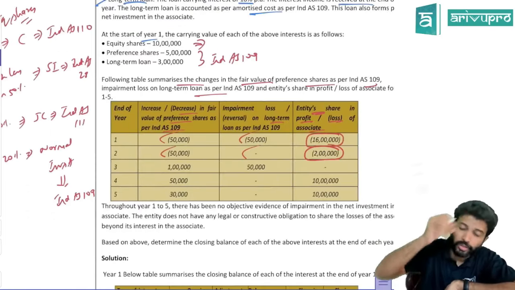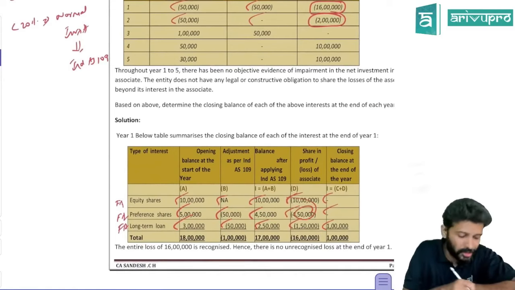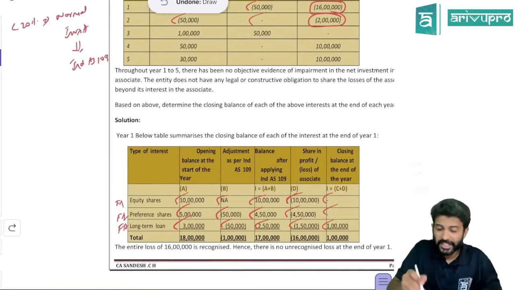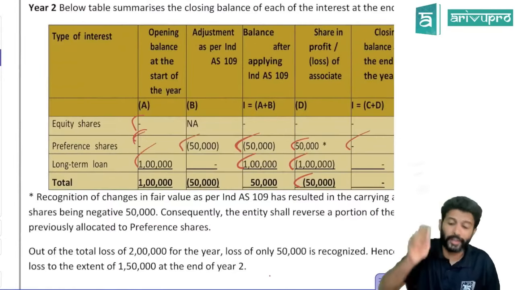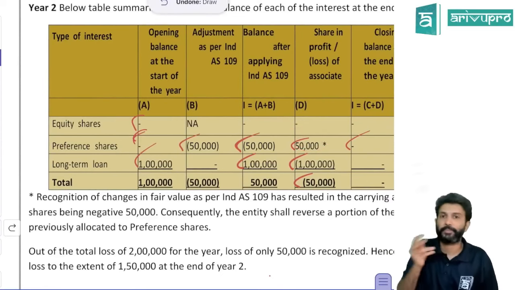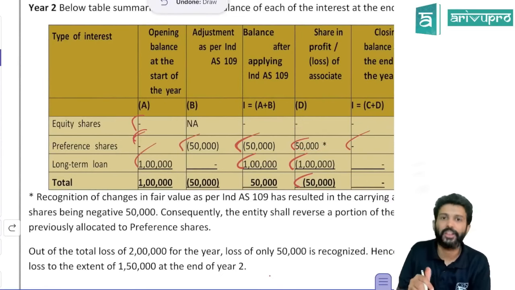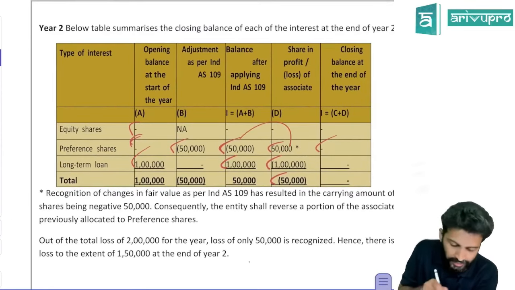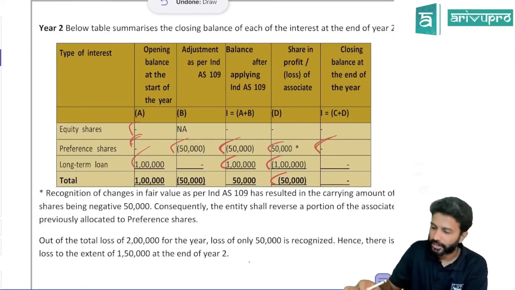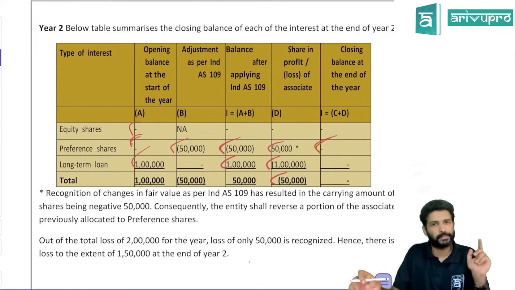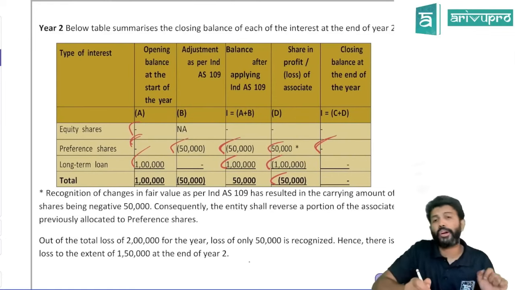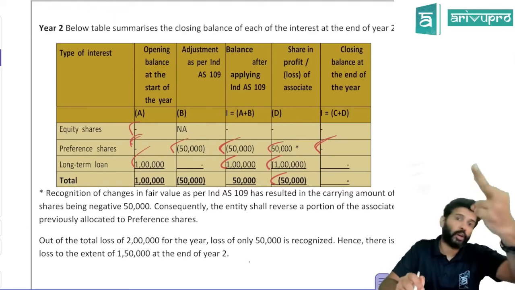So whatever loss you set off last year against preference shares, how much was it? 450. How much do you need for the fair value loss adjustment now? 50. So that 50 loss you reverse from preference shares. With this 50 you adjust, so you would have given the fair value loss adjustment. That becomes 0. In the second year also, the associate company made a loss and the parent's share of loss is 2 lakh.